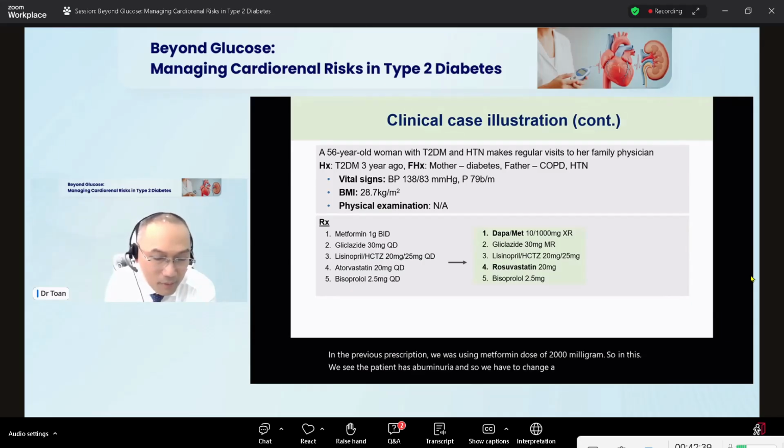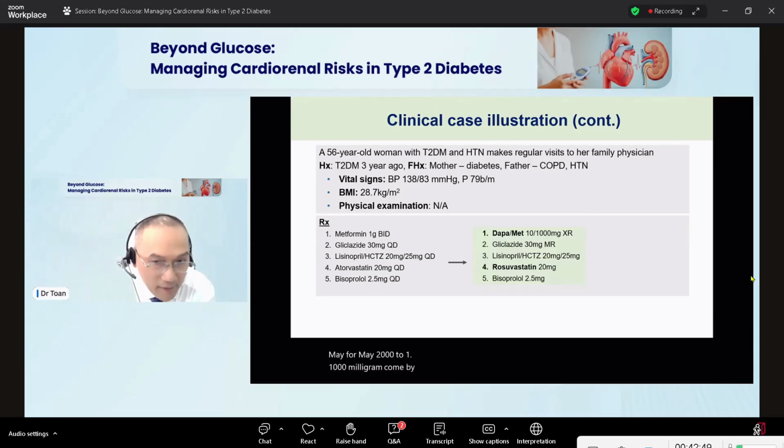We switch metformin 2000 to 1000 milligram combined with the SGLT2 inhibitor. To improve adherence, we use a combination pill to make it easier for the patient to take.